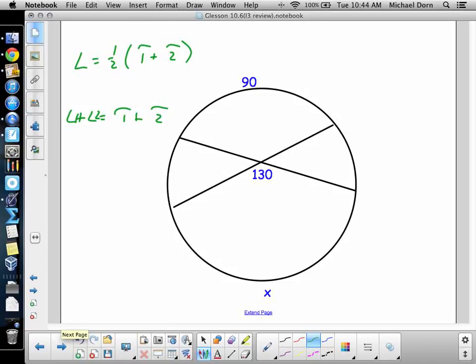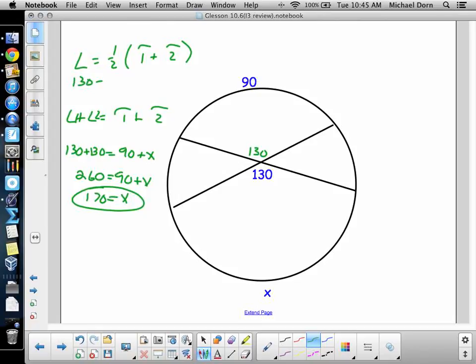And if this angle is 130, then this angle is 130. So 130 plus 130 equals 90 plus x. Well, that's not bad. If I did it this way, I'd say 130 equals 1/2 90 plus x.